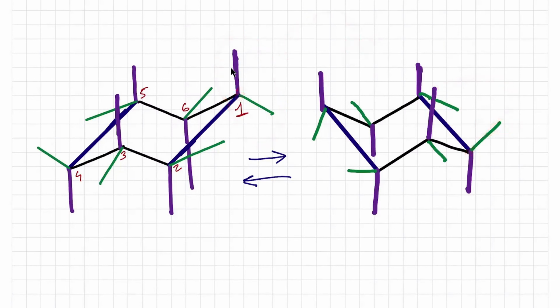So you're gonna start counting here 1 and then 2, 3, 4, 5, and 6. So what it means is that if at position 1, for example, you had bromine that was in the axial position, because it's pointing up, then after flipping it, it will still be pointing up, but it will be at the equatorial position. That's why it's important.